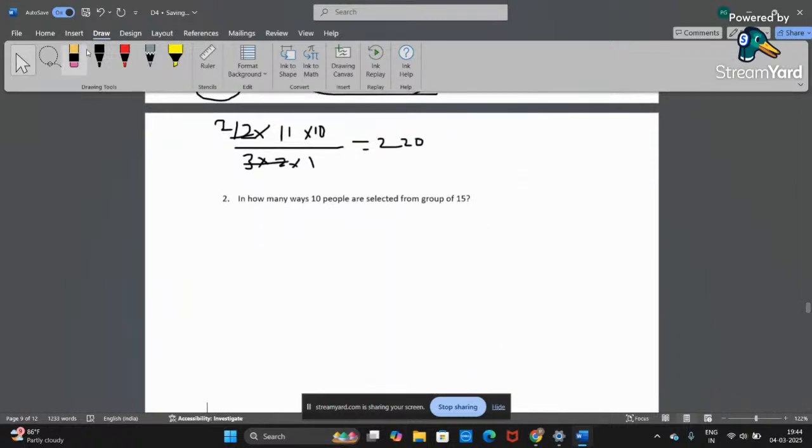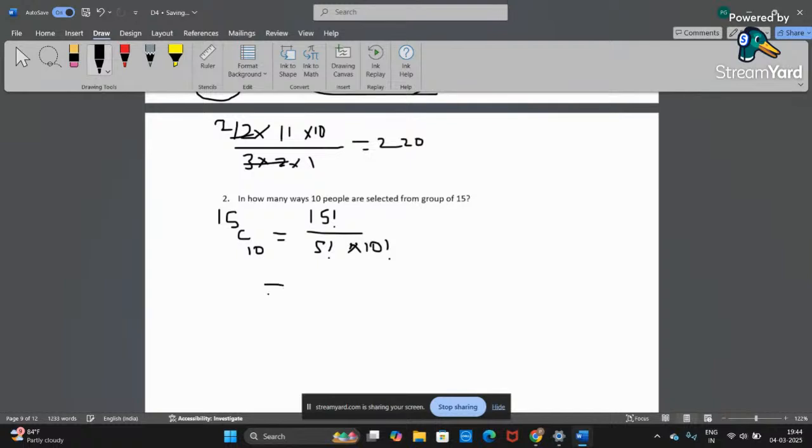In how many ways are 10 people selected from a group of 15? That means 15C10. The formula is n factorial by (n minus r) factorial into r factorial, where n factorial is 15 factorial divided by (15 minus 10) factorial, which is 5 factorial. Again, your r is 10 factorial, right?